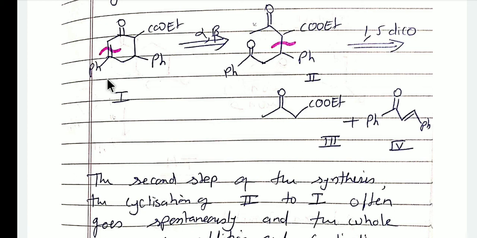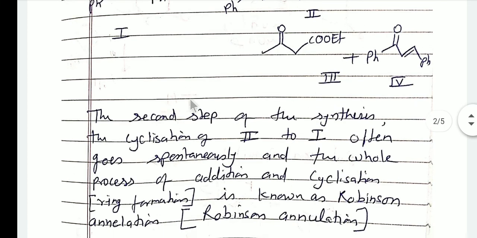In this process, the addition reaction and the cyclization reaction are carried out spontaneously. So the conversion of compound second to compound first, in the synthesis of our target molecule, is called Robinson annulation.